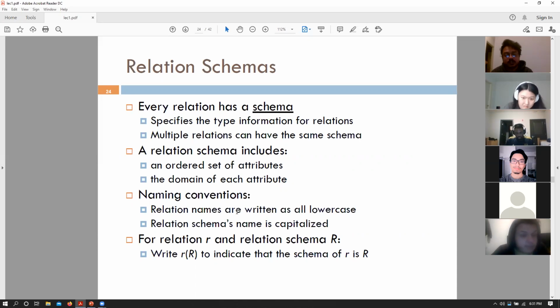Again, you can change them, but for this class, we will be working with relations that will always have lowercase letters, and a relation schema is always going to be capitalized. So the first letter of that will be capitalized. So we can say that a relation r, that is a table r, that is the account data table, and relation schema R share the relationship such that r(R) means that the schema for the table r is R, the capital R, right?